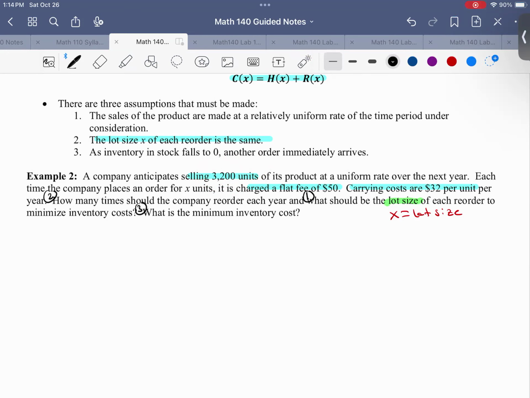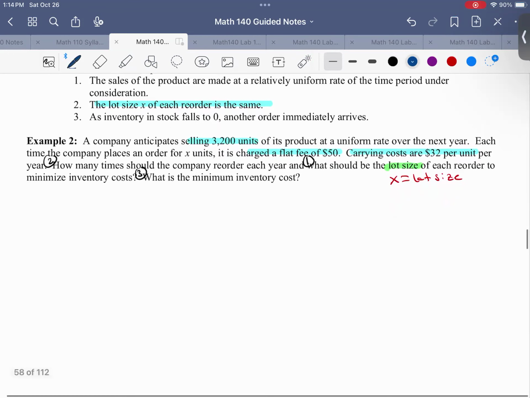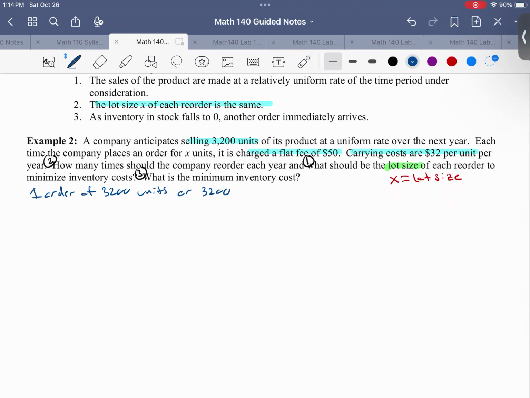So it could be one order of 3,200 units, or it could be 3,200 orders of 1 unit, right? So it could be any mix and match like this. It could be one order, it could be 3,200 orders, but it has to be 3,200 units.